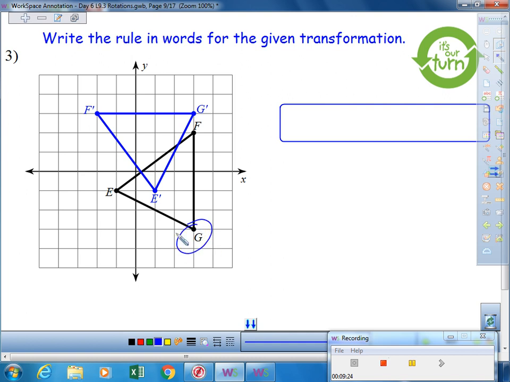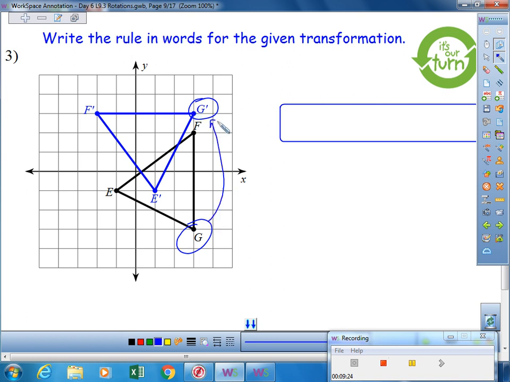Ready, Pat? Which direction do you want to go, clockwise or counter? Counter.